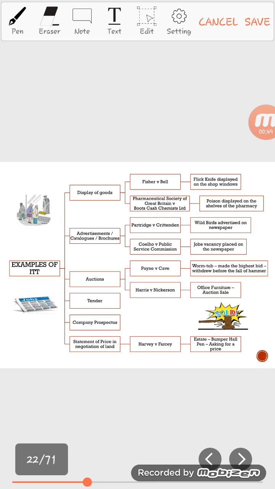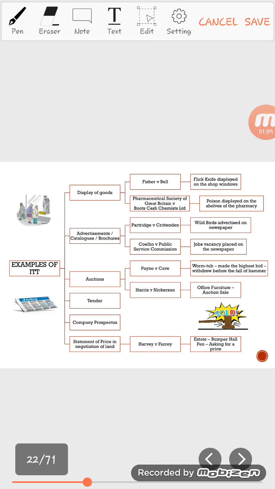What happened in Fisher versus Bell is about a flick knife which was displayed in a shop window. A shopkeeper was charged with offering a weapon contrary to the provision of the Restriction of Offensive Weapons Act 1959.